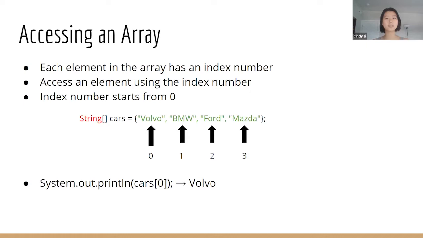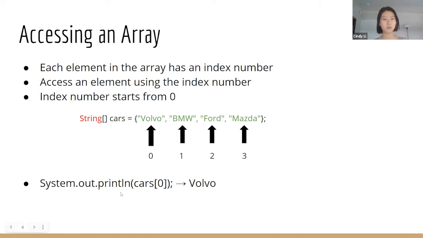An index is a number that's assigned to every element, and indexes start from 0. I have listed out a chart over here saying the first element, Volvo, has an index number of 0, BMW has an index number of 1, Ford has 2, Mazda has 3, and it goes on and on. So if you have 5 elements, the index number of the last element will be 4, okay? Because it starts at 0.